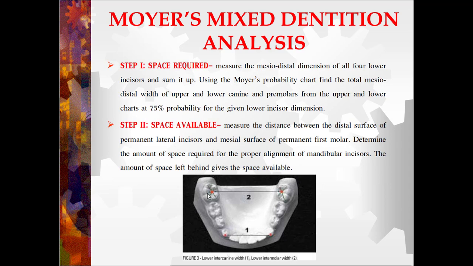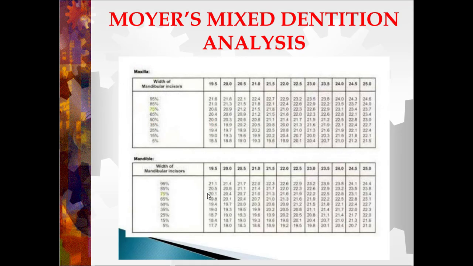Amount of space required is measured. The mesodistal dimension of all the four lower incisors are measured and they are summed up. Using the Moyer's probability chart, we find the mesodistal width of upper and lower canine and premolars. From this probability chart, we can check the mesodistal widths of canine and unerupted premolars.